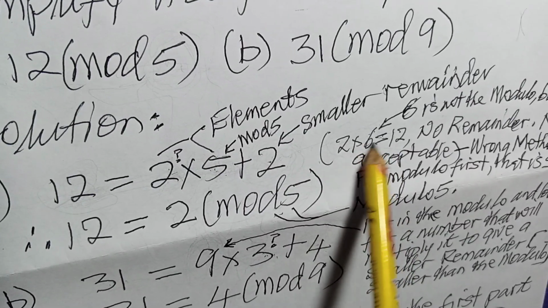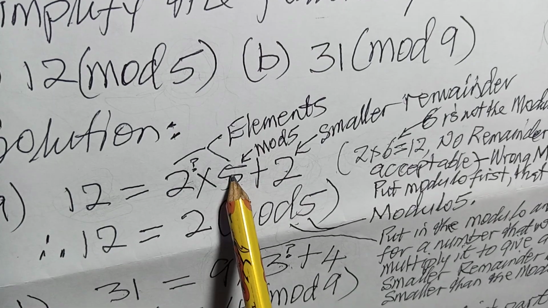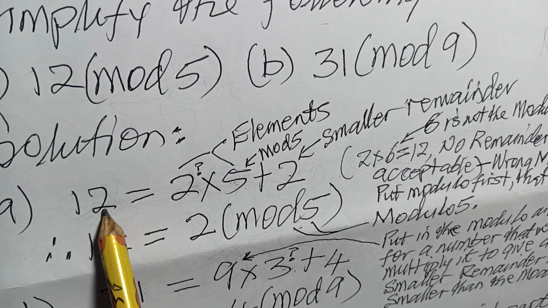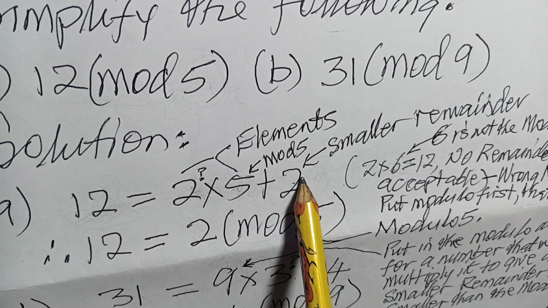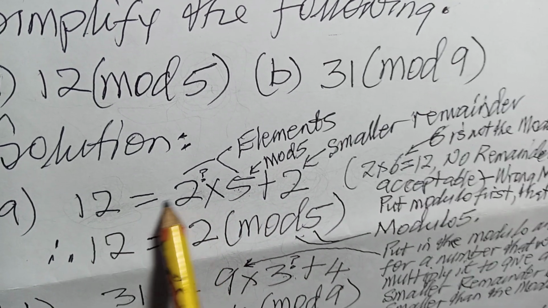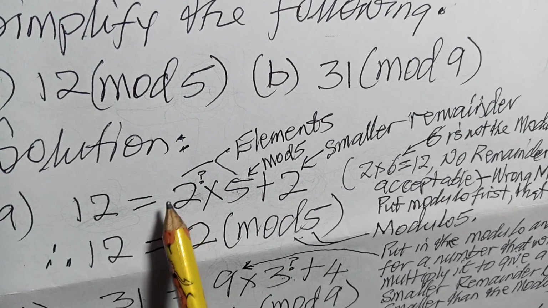Don't do that, please. Now here we have 1 times 5 is 5. 5 from 12 is 7, which is too big. The remainder is even bigger than the modulo. If you say 3 times 5, 15, 15 is greater than 12, which is not proper.